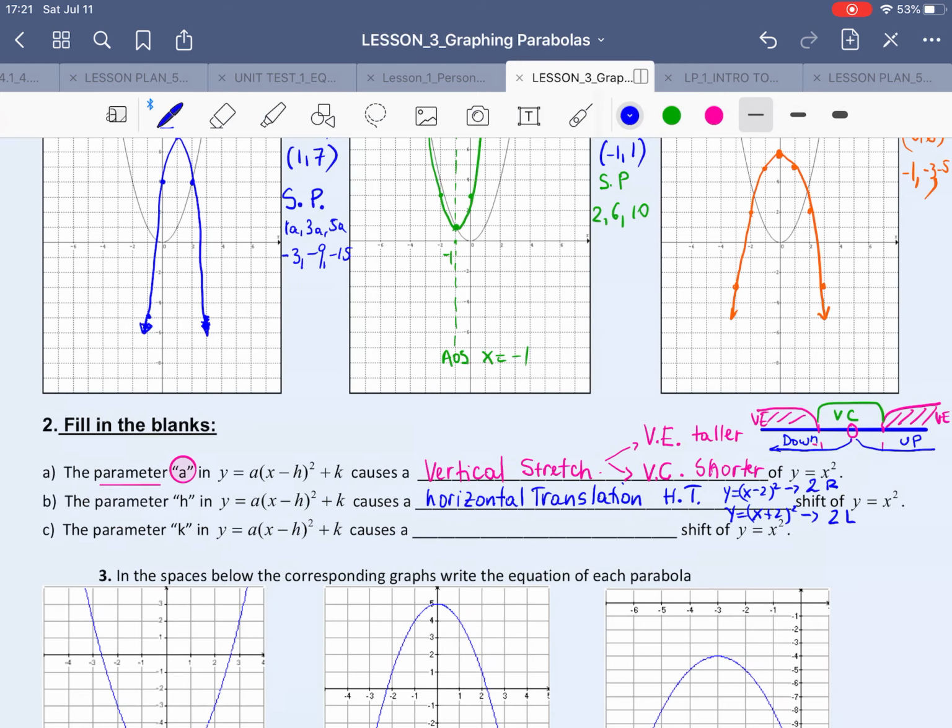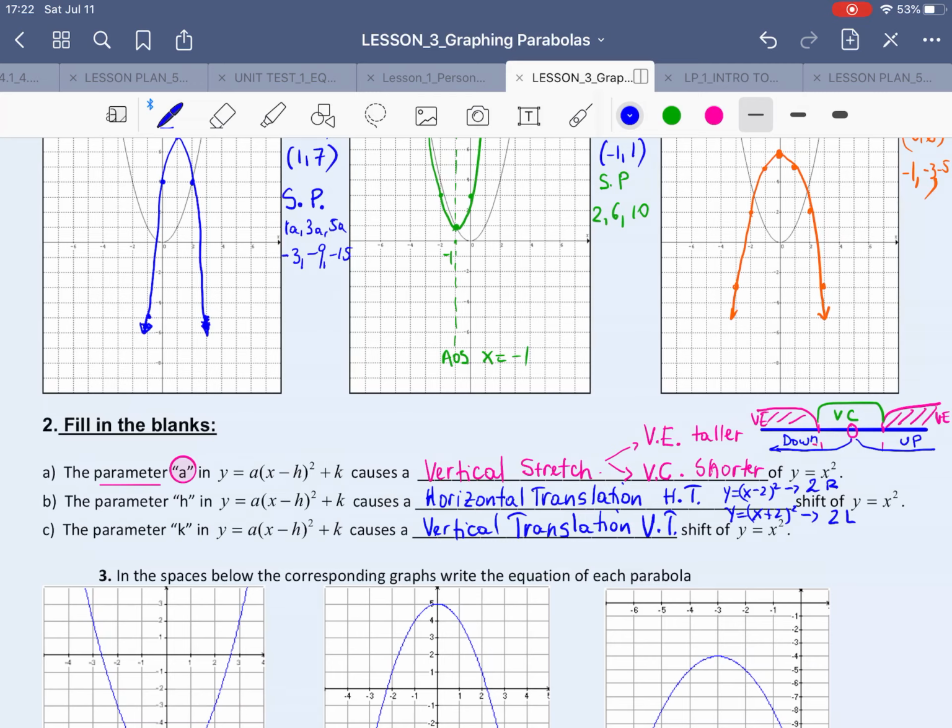Okay? So the parameter k will cause a vertical translation. And for short, well, you guessed it, I use the acronym VT here.